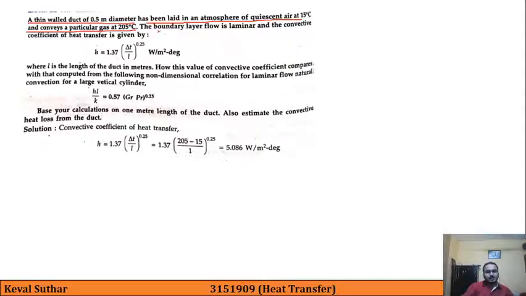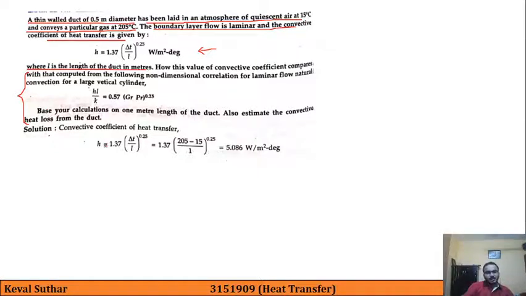The boundary layer flow is laminar and the convective heat transfer coefficient is given by this formula. So here you are given the empirical correlation in the question itself, where L is the length of the duct in meters. Let's calculate first and then we will focus on the remaining portion of our question.